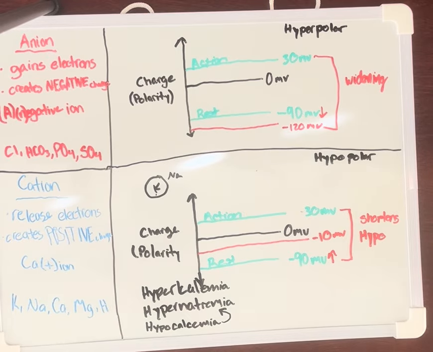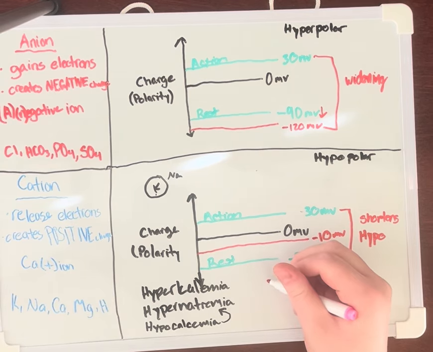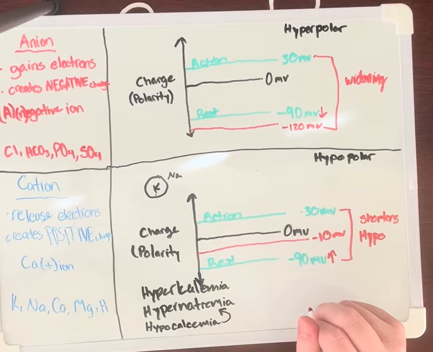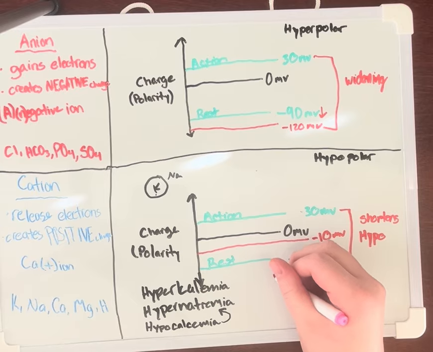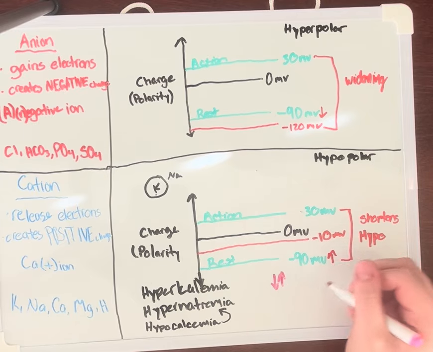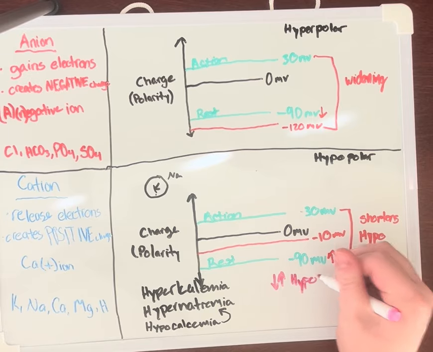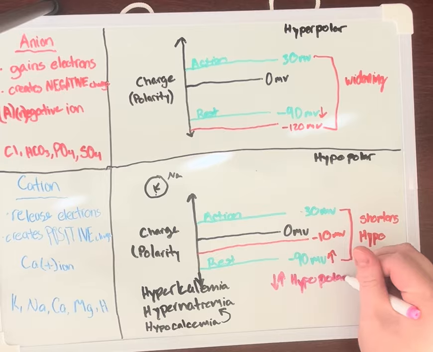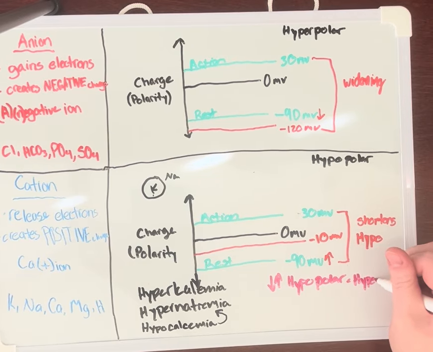So on your card, your memory aid, there we go, think of it as everything in the body either potentiates or it does the opposite. So this time we have our opposite effects. So hypopolar equals hyperactive.